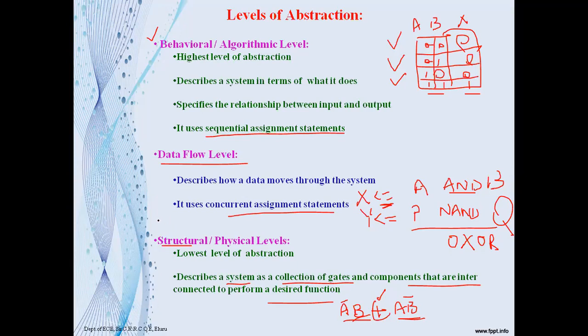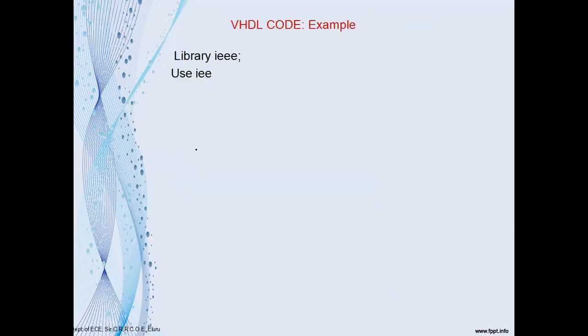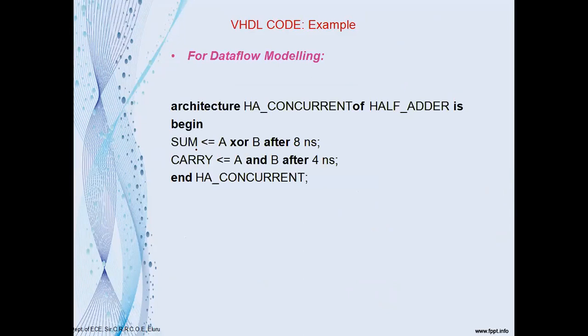They are very important because our entire VHDL course deals with either behavior or data flow or structural, and sometimes we may use a combination of these levels. You can combine the behavioral and data flow. In some VHDL code, we combine the behavioral and data flow, right? So these are the levels of abstraction.